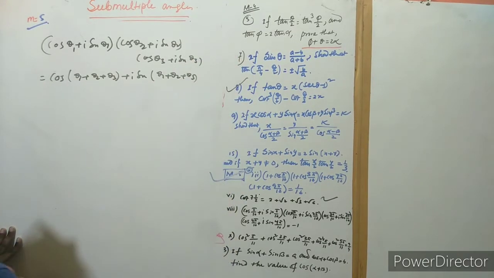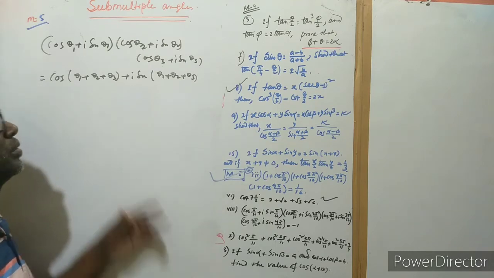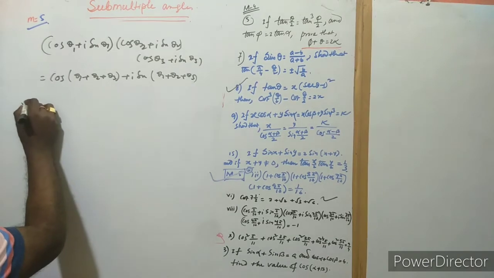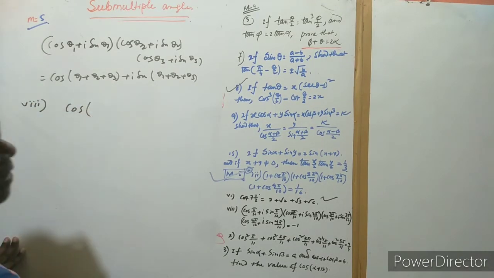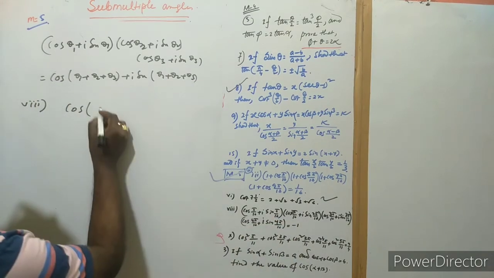If there is another complex number like cos theta 4 plus i sin theta 4, we add theta 4 as well, like that. So from 8 we can write like that. I'm not copying this question here, I am just adding these 4 angles.